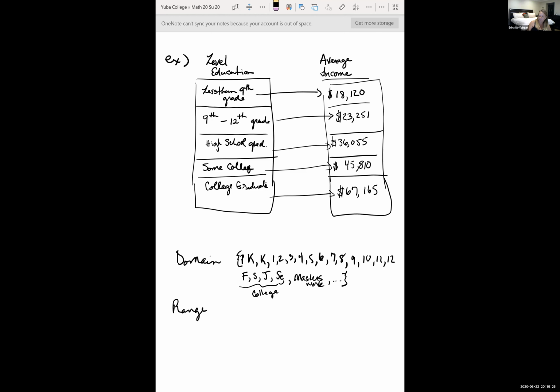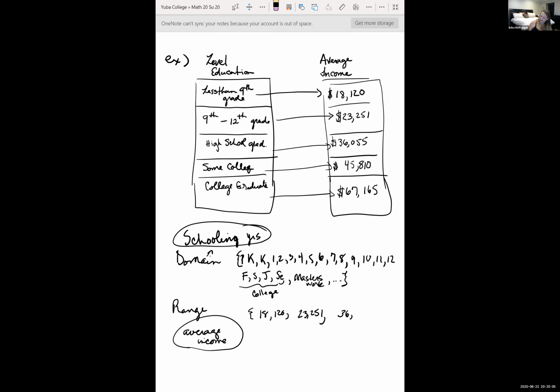And then our range. This is our income, average income. So we get back our set: the $18,120, and then the $23,251, the $36,055.